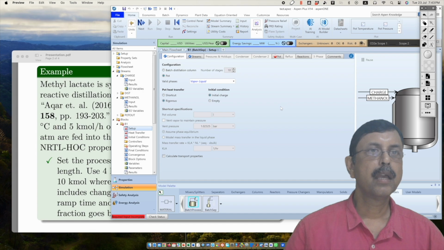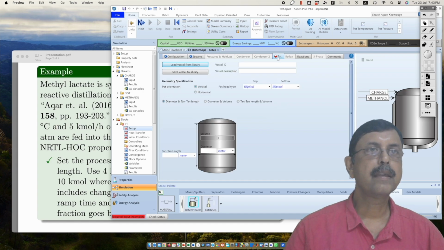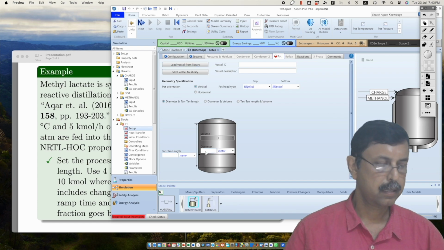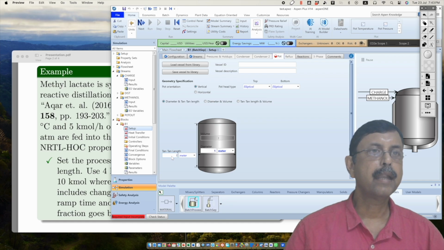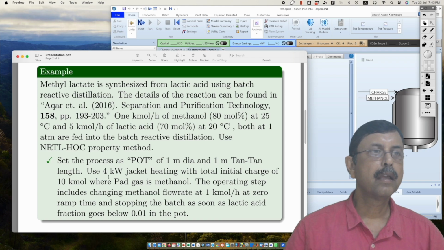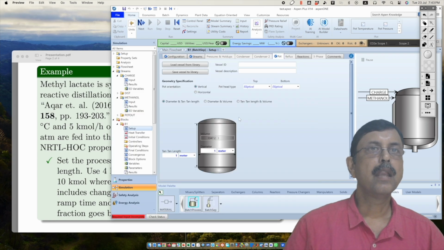Now this pot is having 1 meter diameter and 1 meter tan-tan length. Then we have to use 4 kilowatt of jacket heating with total initial charge of 10 kilomole, where pad gas is methanol.